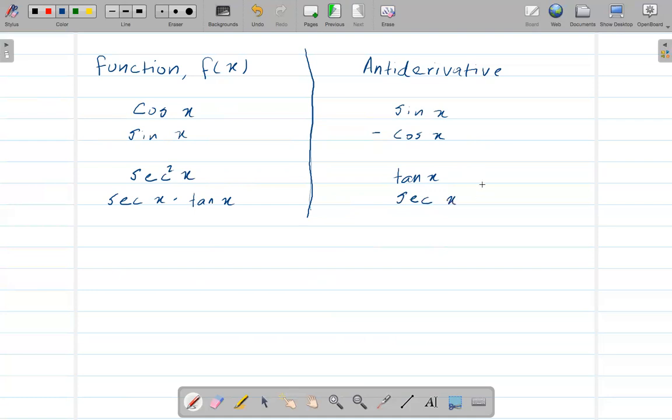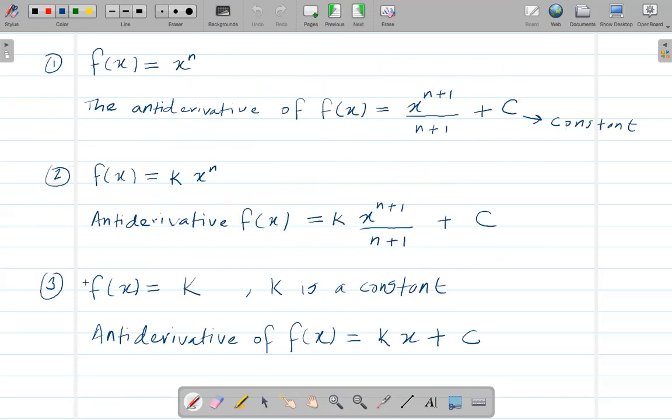So make sure you know some of these as well. Later in some of the chapters, we will be using these rules. You can take these as fact, and we will be using them in other chapters or sections later on. Based on this, let's do a few examples.